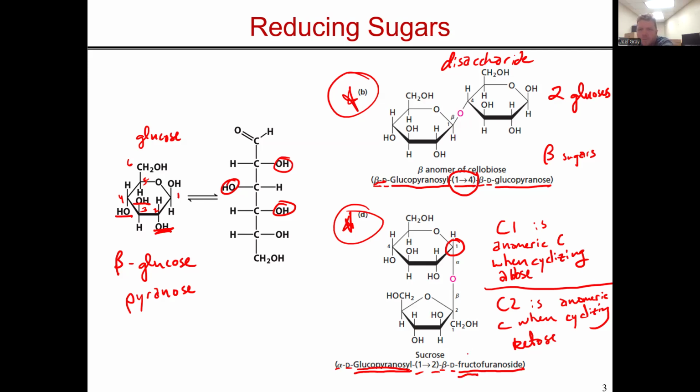Okay, so what this shows is we've got the sugar known as sucrose. It's a disaccharide, and it is glucose at carbon 1 linked to fructose at carbon 2. So this is a disaccharide where 2 anomeric carbons link together.